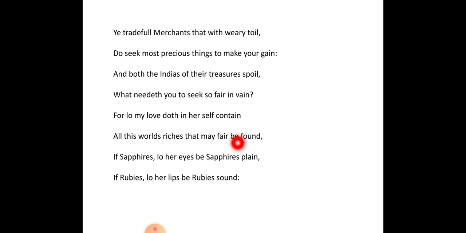So it's a good idea to start with the model and then to move to the parody of the model. So I believe that Shakespeare parodied this sonnet in his sonnet 130, which is going to be our example on the English sonnet.